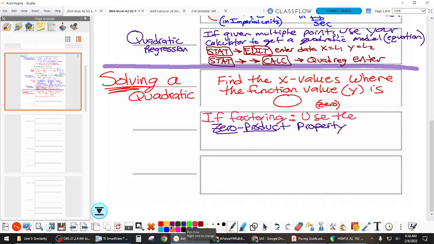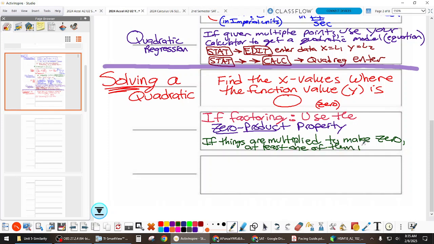Which basically says, this is kind of the casual version: if things are multiplied to make 0, at least one of them must be 0.